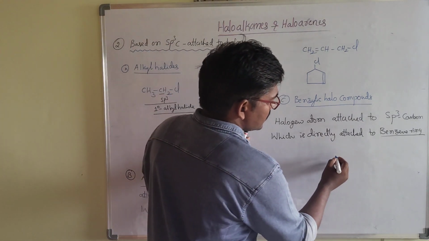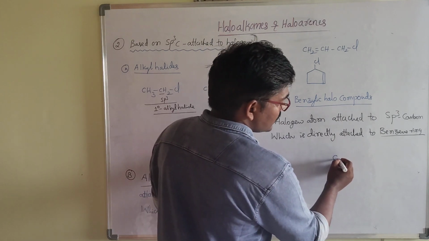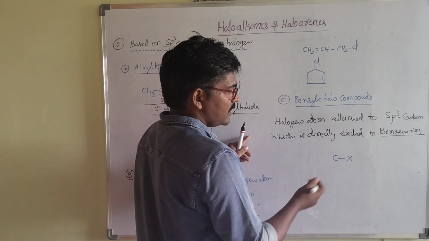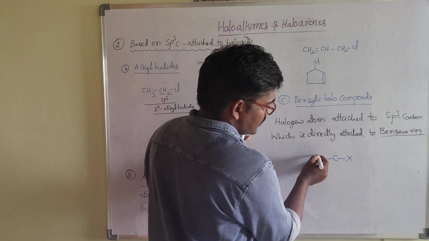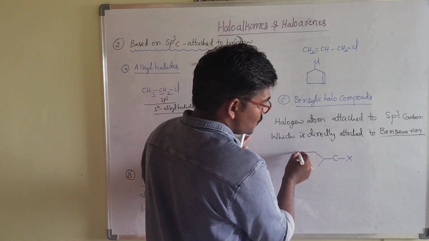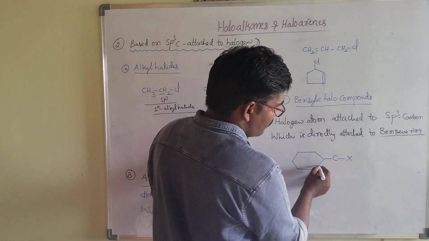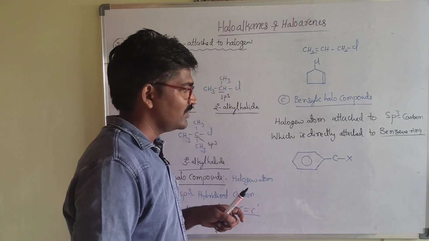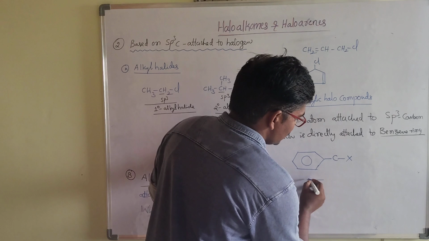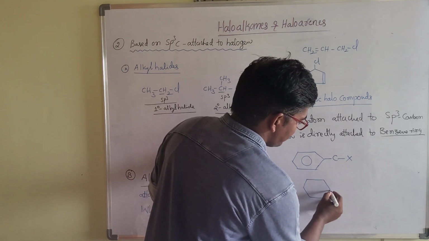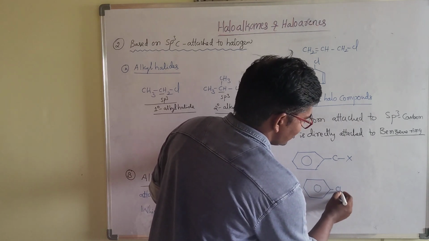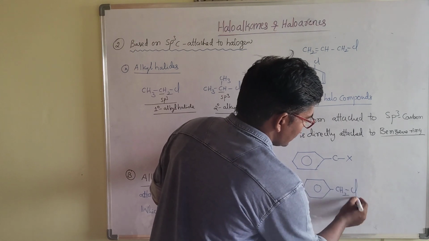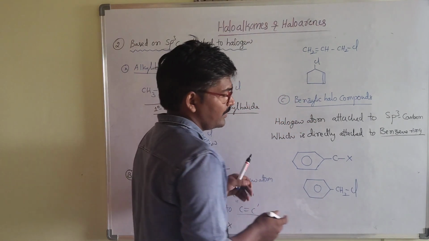So look at, carbon is there. The carbon is attached to the halogen, right? Yes. This is directly attached to the benzene ring. Such type of compounds we call benzylic halo compounds. Clear? Yes. So benzene is there, then attached to CH2, then Cl. Yes, benzyl chloride.